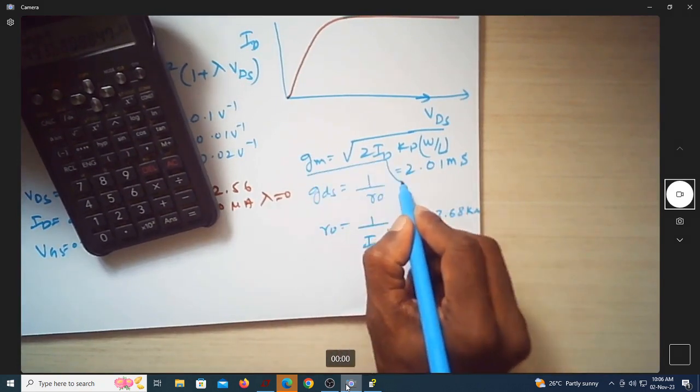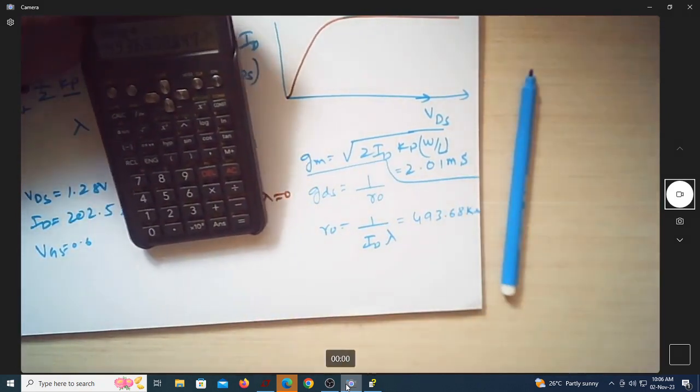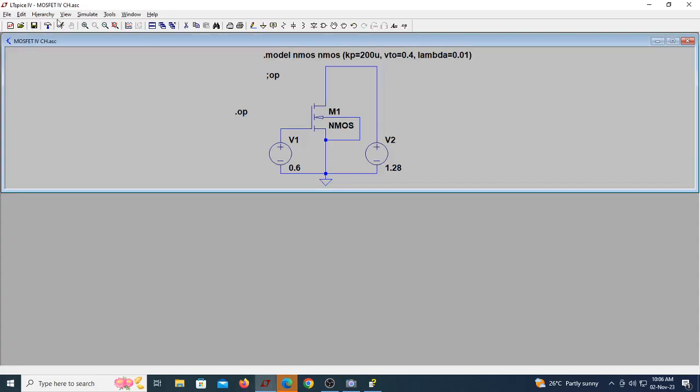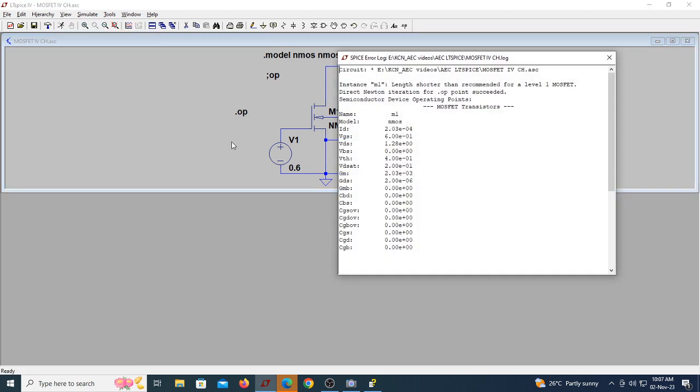Let me find out how much GDS is from the simulation. Let me go here, view error log file. Can you see this is GDS, which is 2 into 10 to minus 6, that is 2 microsiemens. 1 over that is 500.